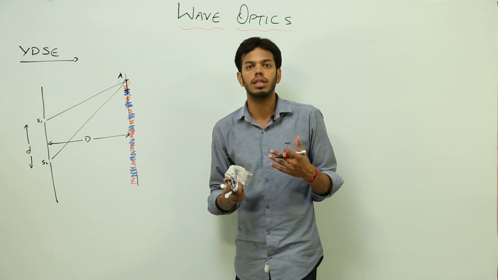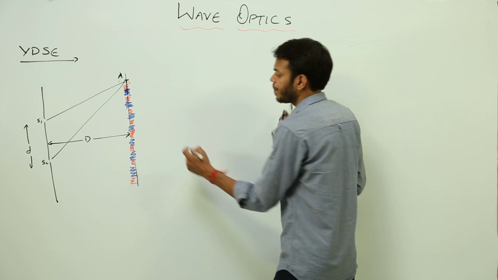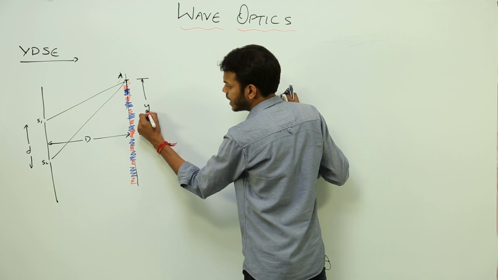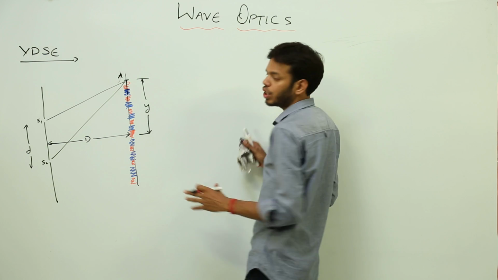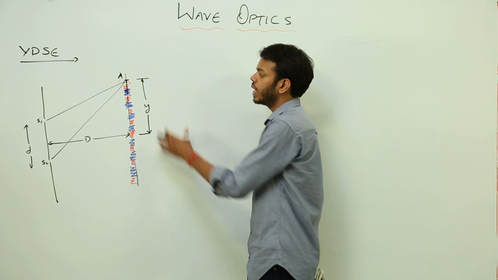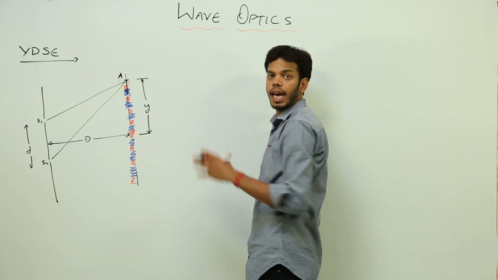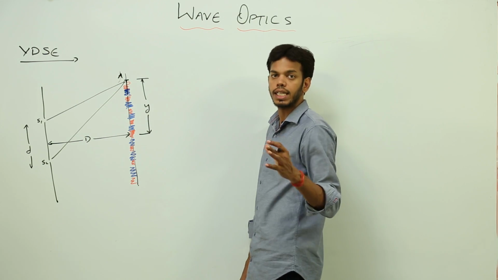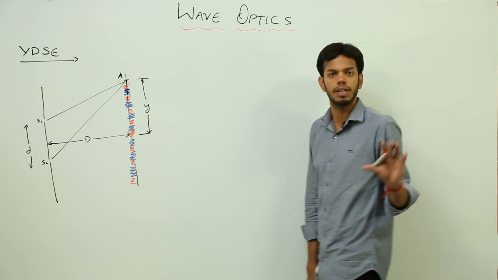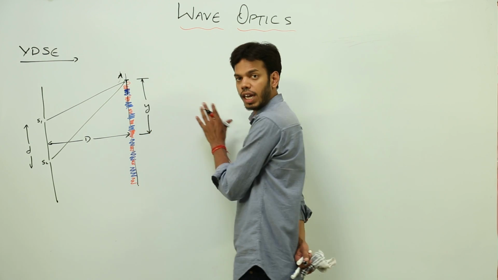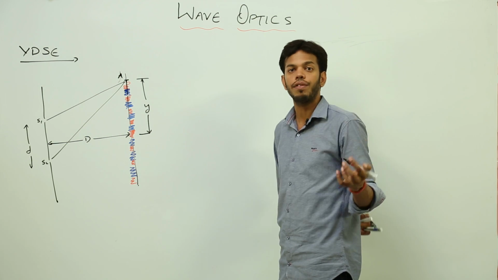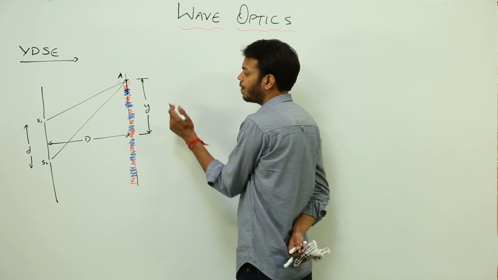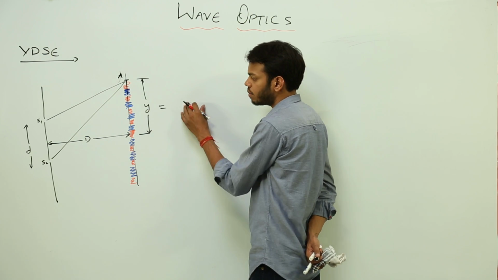See, the procedure which we are going to follow right now is this. I am finding this distance y from the central bright fringe, or from the center. Once I have got the distance y, I will write the value of y in terms of bright fringes separately and dark fringes separately, that is, constructive interference or maxima separately and minima separately, right? Once I have done that, I will subtract two consecutive bright fringes or two consecutive dark fringes. Suppose I have got the expression of y in terms of something.